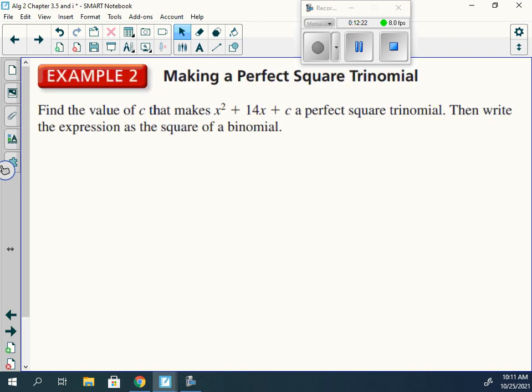Now, to do that, there are several main parts, and the first part is finding the constant term that will make this a perfect square trinomial. It works out that C is equal to B over 2 squared. The constant term, the C value that we need for this here, is equal to B over 2 squared.